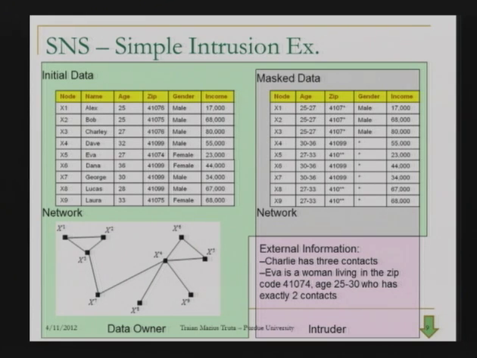As you can see, in the profile data, we have some attributes such as name, age, zip, gender, and income. And those attributes usually are classified into several categories, but you can easily see that name is an identifier attribute, and it must be removed before this data will be revealed to an outsider.